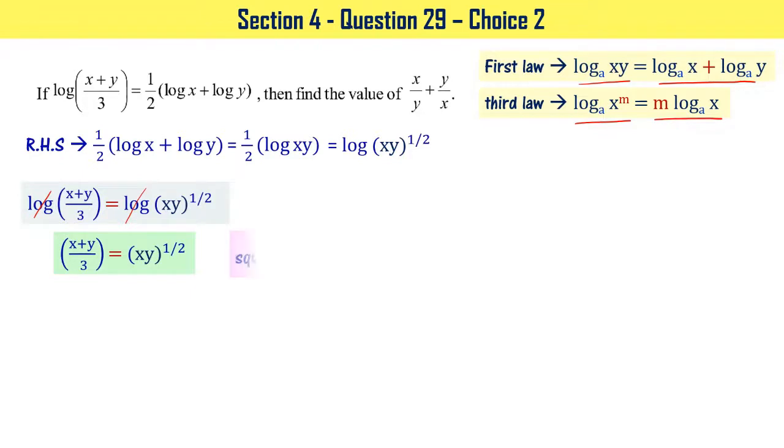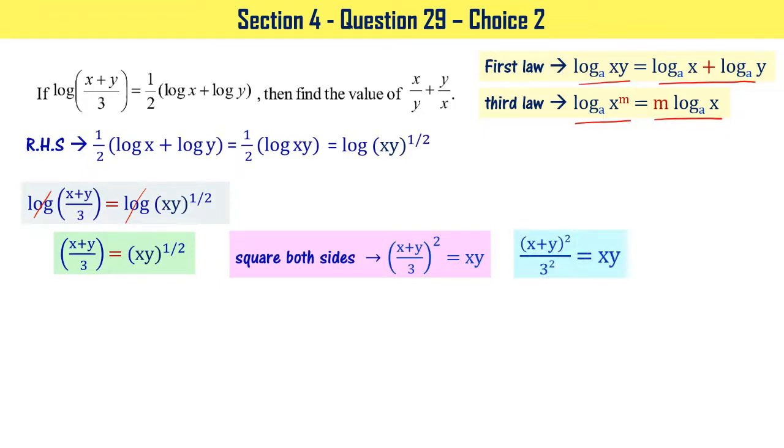Now let's square on both the sides. Now it becomes ((x plus y) divided by 3) whole square equal to xy, right? Let me write it as (x plus y) whole square divided by 3 square equal to xy, and we know 3 square equal to 9. It means (x plus y) whole square equal to 9xy, right?